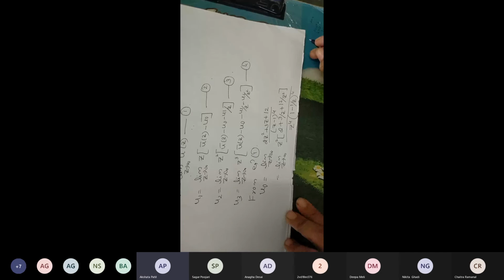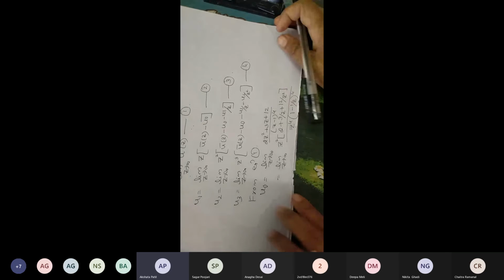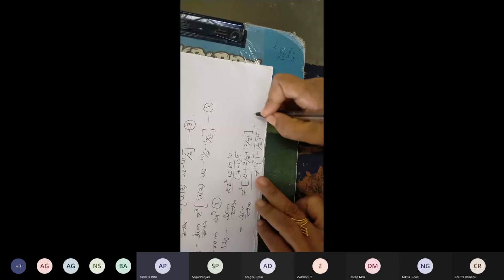Now here z² is there, z⁴ is there, so we will get 1/z² outside.